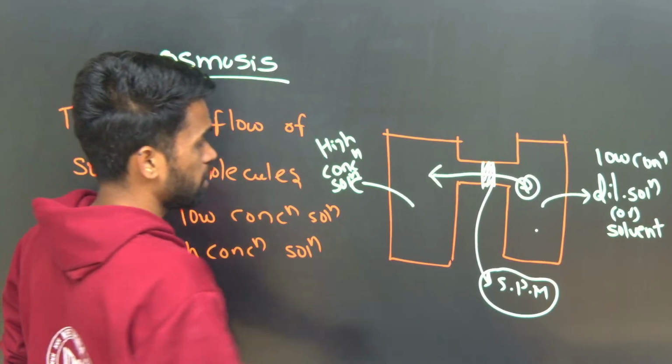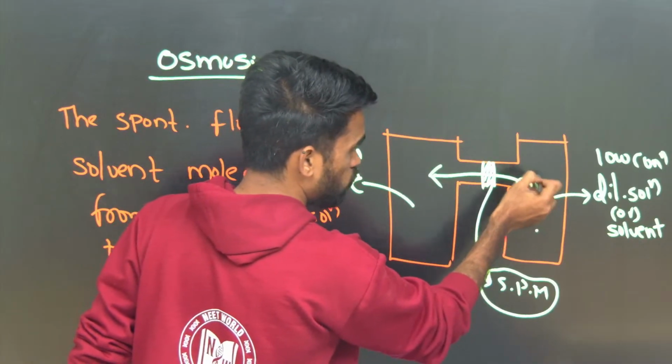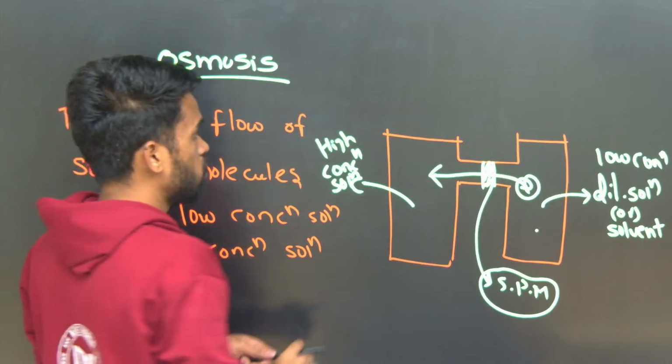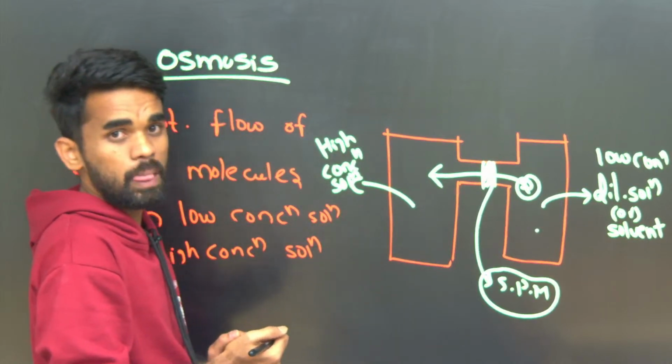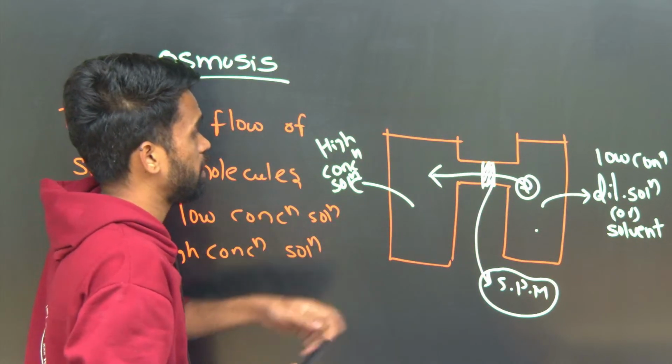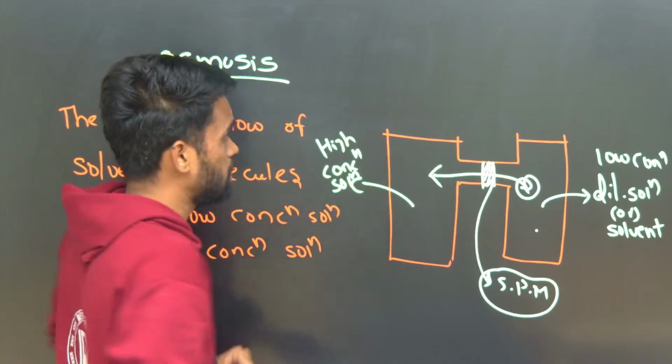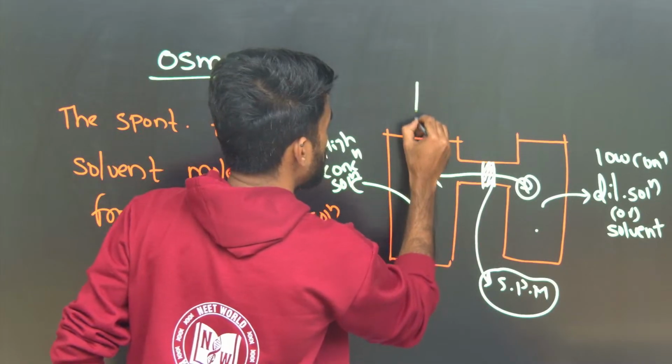When these solvent molecules move from the dilute or low concentration side to the high concentration side, some pressure is created here. Now, in order to stop this osmosis process, I am applying some external pressure.